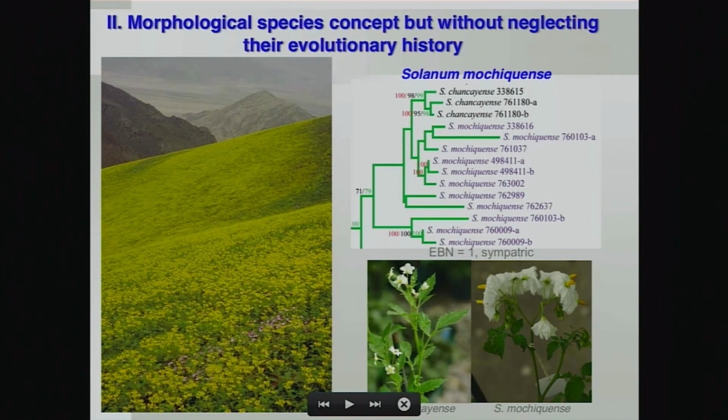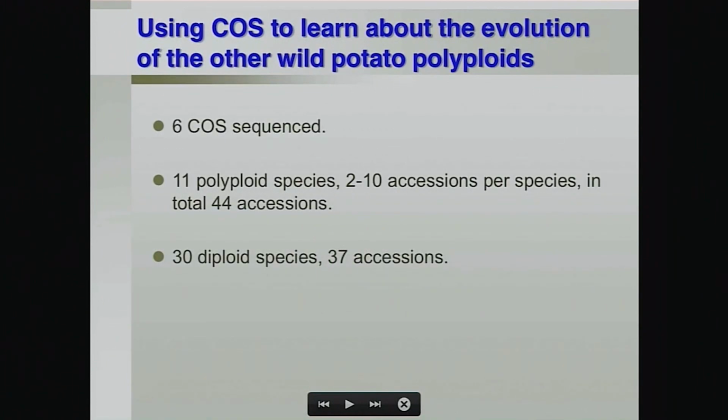And here, Solanum chacoense and mochiquense. Now they are lumped in like Solanum mochiquense. Okay? That's the use of sequences, DNA sequences, also to help us to infer taxonomic status.